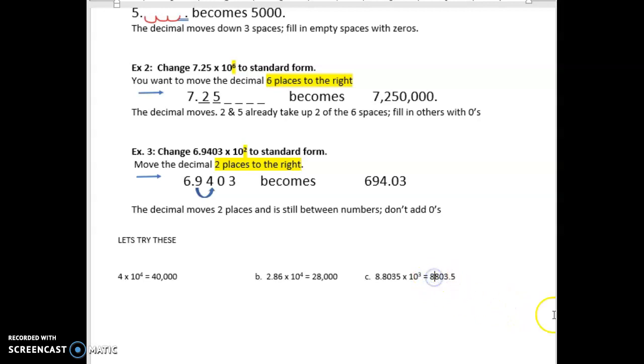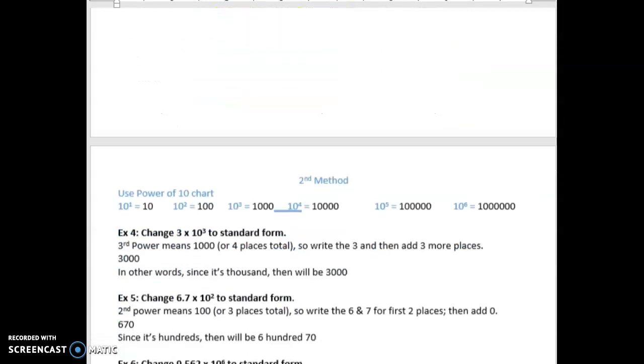So 8.8035 becomes 8,803.5. So that's the first method of just simply using the exponent to tell me how many times I need to move the decimal. There's also one more method.